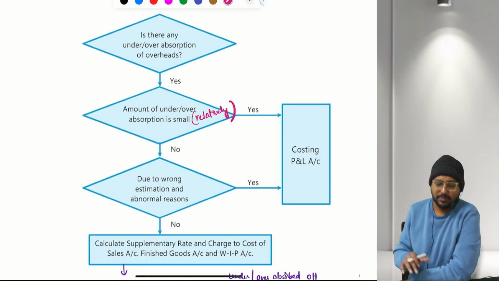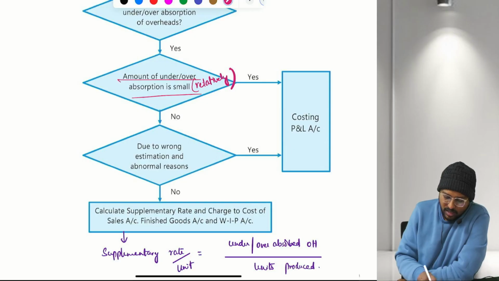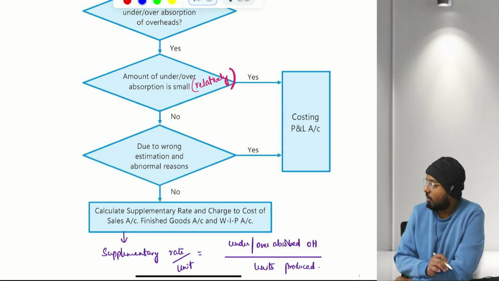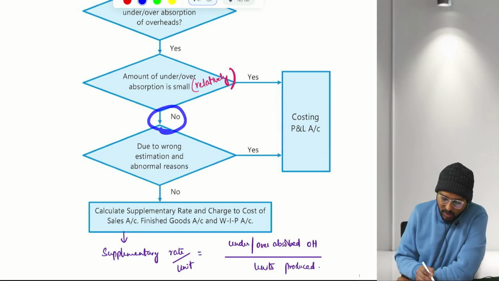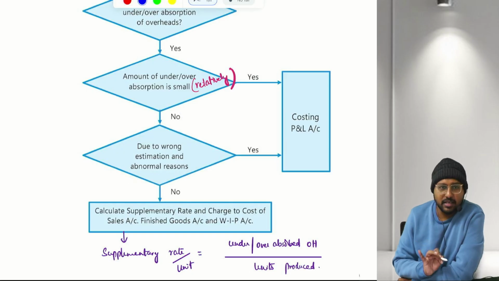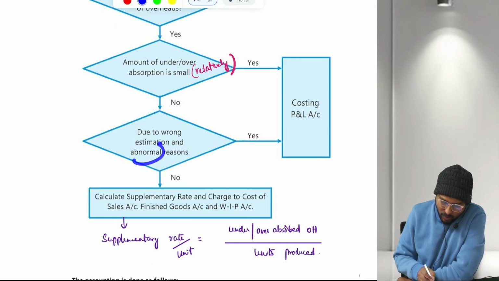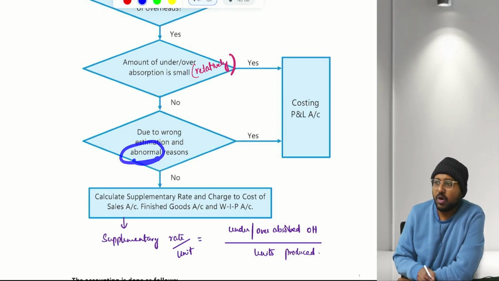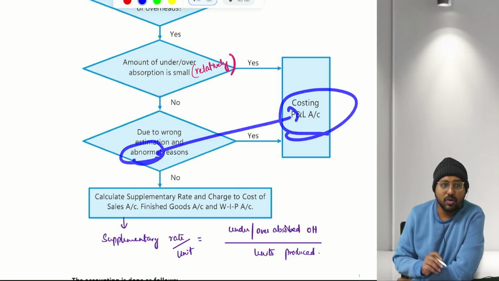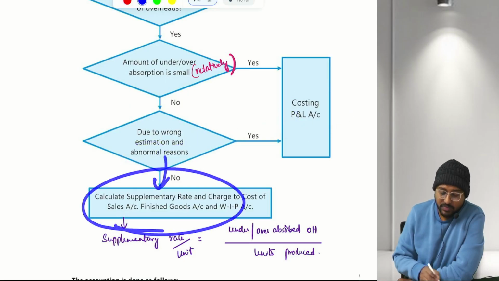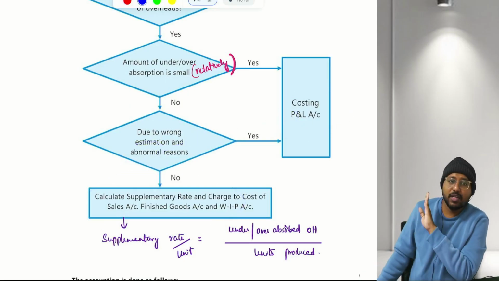Anyways, now see, the amount is under or over absorption. If it is small, straight away it will go to the costing P&L account. Suppose it is not small, then you need to find out the reason behind it. If the reason is abnormal, meaning it will not happen again and again, then it will go to the costing P&L account. If the reason is normal, then we give the same treatment as for normal loss.